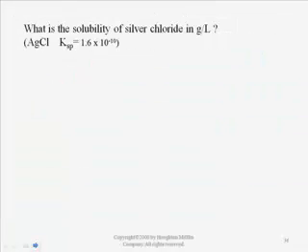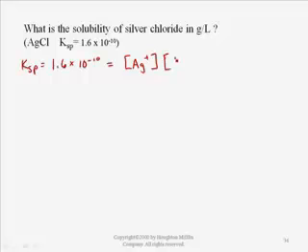All right, so here's an example. What is the solubility of silver chloride? Again, 1.6 times 10 to the minus 10 is my Ksp, which is equal to, in this case, the silver times the chloride. Since they're 1 to 1, it's going to be x squared.